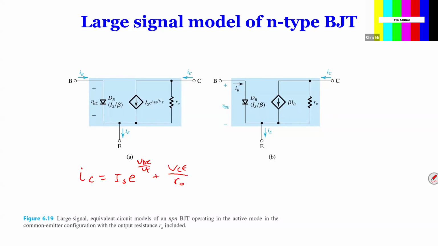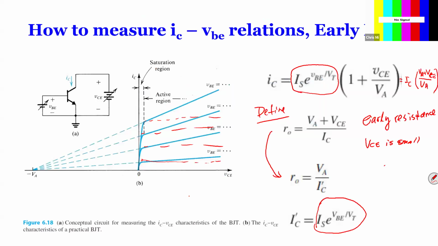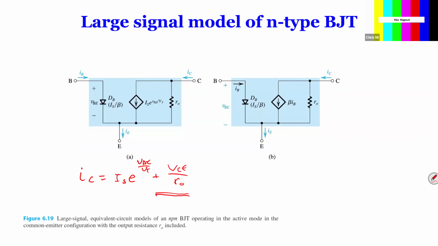The second term is what we got from the previous slide: VCE over VA, and then VA over IC prime is RO. That's why you got VCE over RO. So this is our IC.